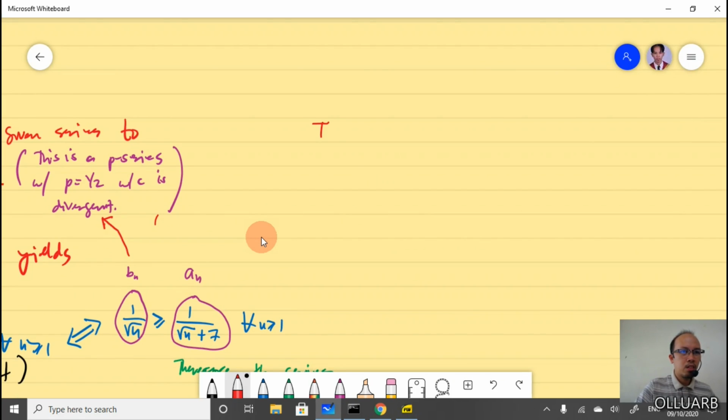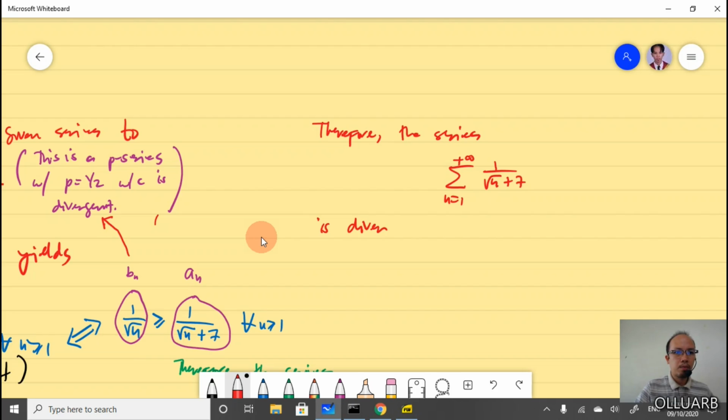Therefore, the series summation of 1 over square root of n plus 7, n starts from 1 to positive infinity, is divergent by comparison test.